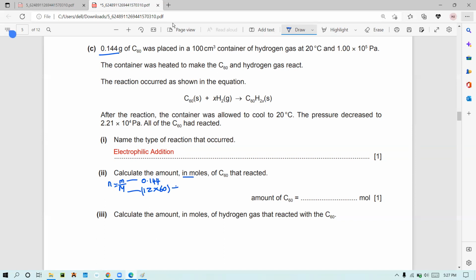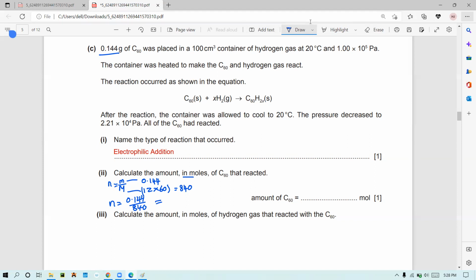Only carbon 60, that's it. Carbon 60 means 720 grams per mole. So moles is equal to 0.144 over 720.